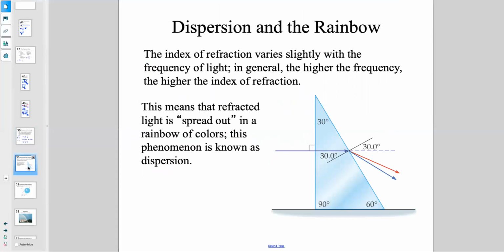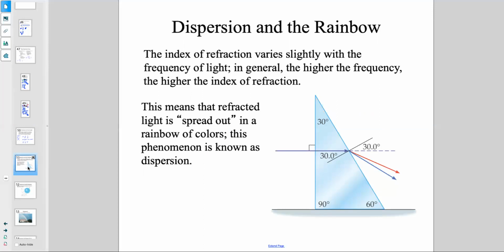Dispersion of the rainbow: the index of refraction varies slightly with the frequency of the light. In general, the higher the frequency, the higher the index of refraction. So this means that when you have white light going from one medium to another, different colors have a different frequency, and depending on the frequency, they will be refracted at different angles.